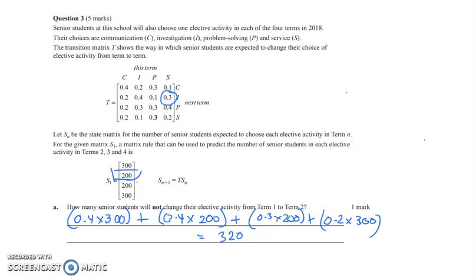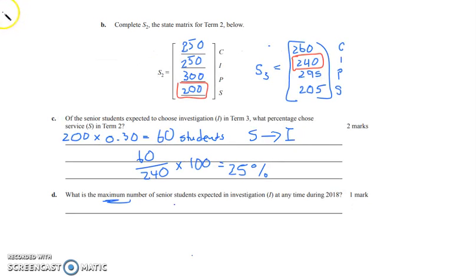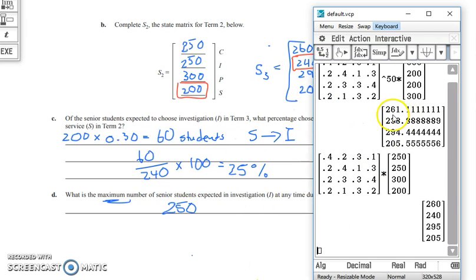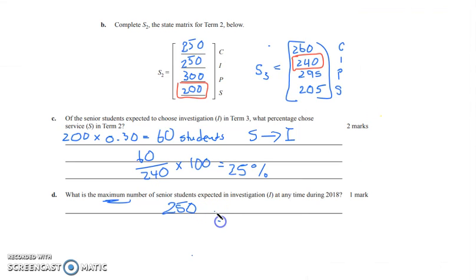So the actual maximum number of students that will complete investigation is 250, because we had 200, 250 and 240, and our steady state is 239. So 239 is not greater than 250.